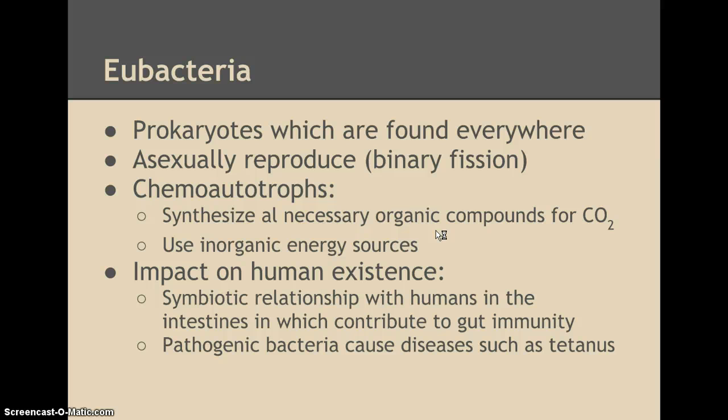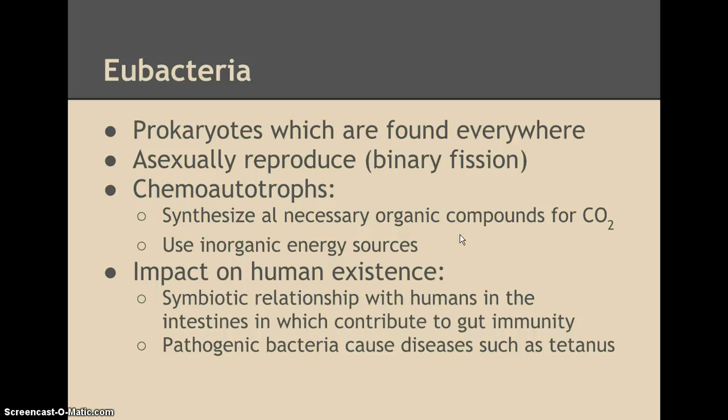So the next kingdom I'll move on to is eubacteria. Eubacteria are made up of prokaryotic cells, and again, bacteria are found pretty much everywhere. They asexually reproduce. One way is binary fission. They are considered chemoautotrophs, which means they synthesize all necessary organic compounds from CO2, and they use inorganic energy sources.